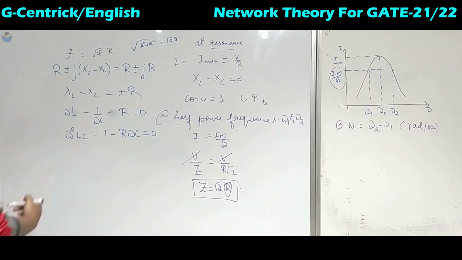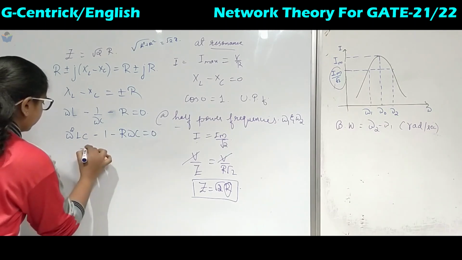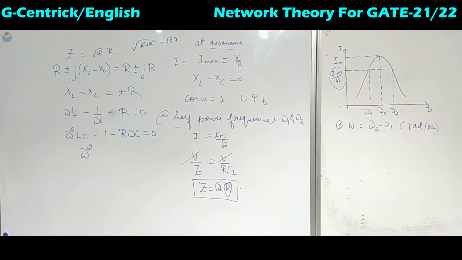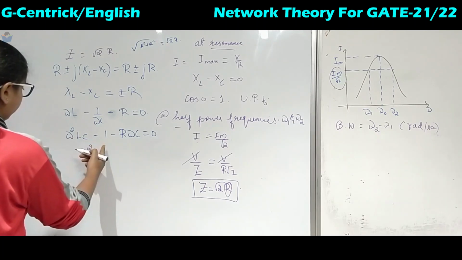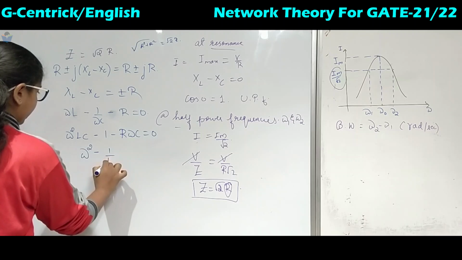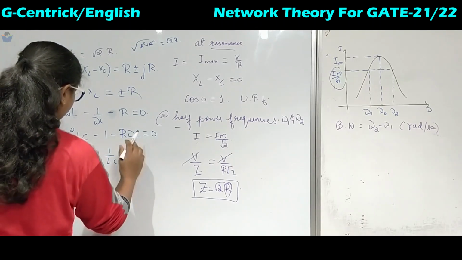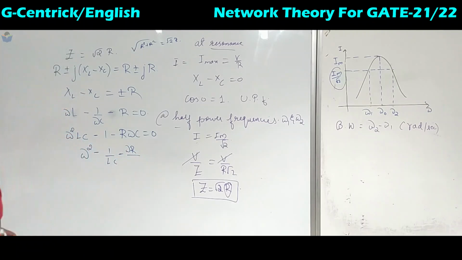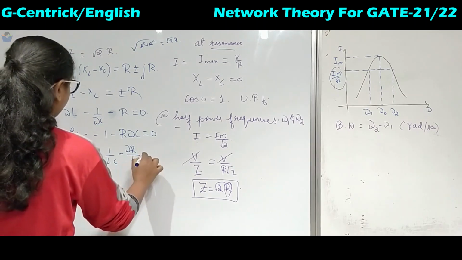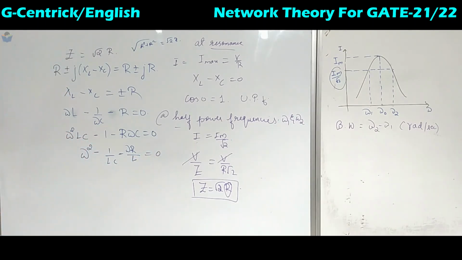If I take LC common, I will get omega square minus 1 over LC minus omega R upon L equal to 0, because the C gets cancelled.